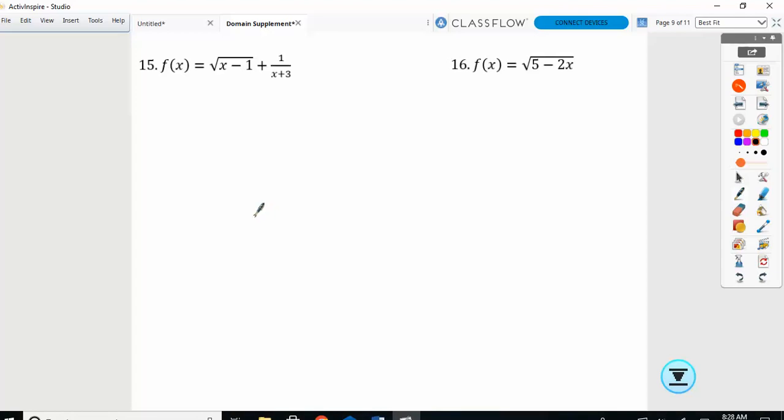15. So this is another one that we have two different pieces. I have a fraction and I have a square root. We have to put the two together. So for the square root, the thing under my radical has to be greater than or equal to 0. So x has to be greater than or equal to 1.